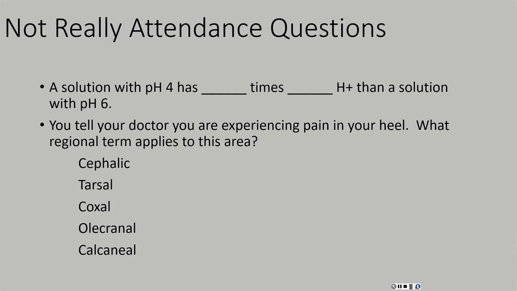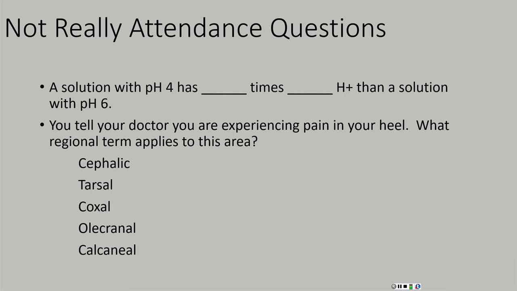And let's see. A solution with pH 4 has how much more or less H plus than a solution with pH 6? Well, first, if pH 4 compared to pH 6, first thing we have to do is look to see, does pH 4 have more or less H plus than pH 6.